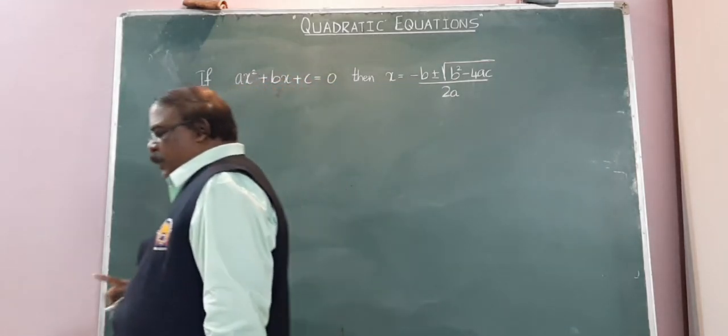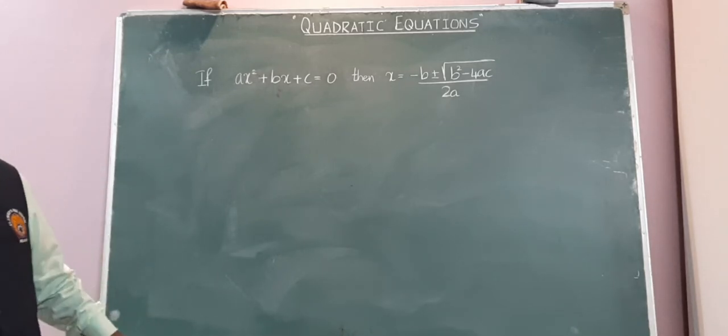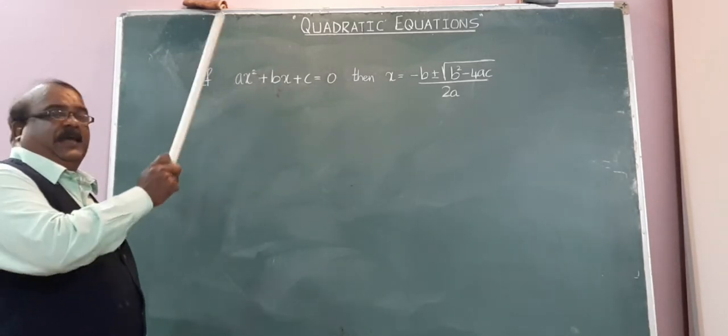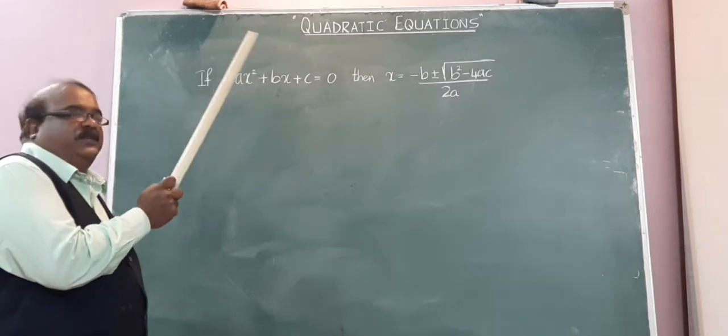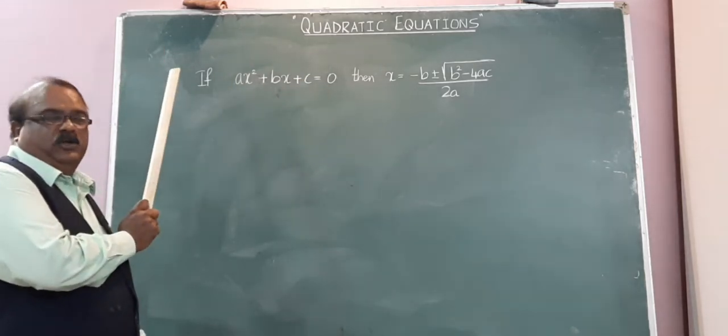Remember the formula. X will be minus b plus or minus root b square minus 4ac upon 2a.